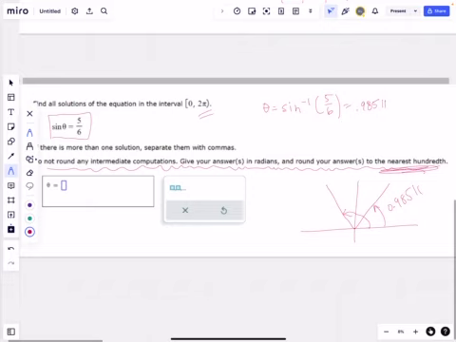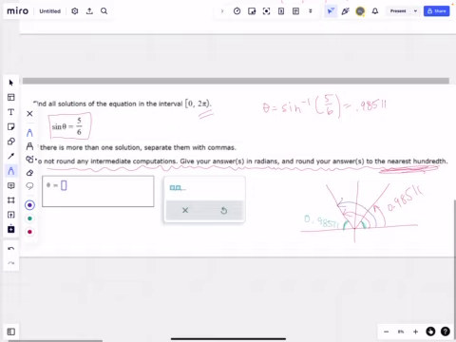Because this angle right here is going to be equivalent to this angle right here, congruent. And so this angle here is going to be 0.98511. But that's not the angle we're looking for, right? We're looking for this angle right here.